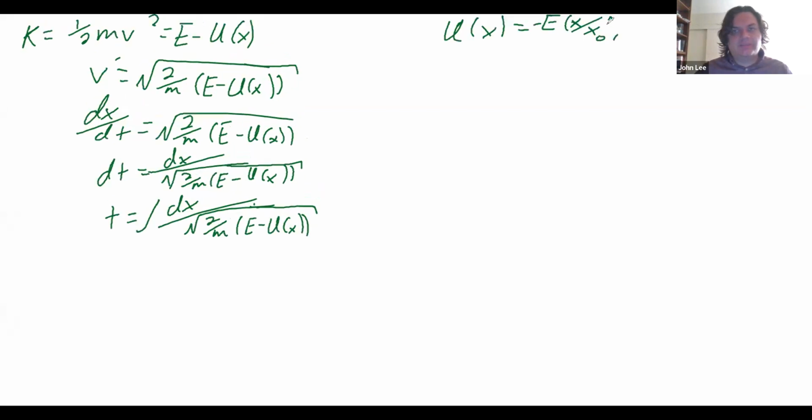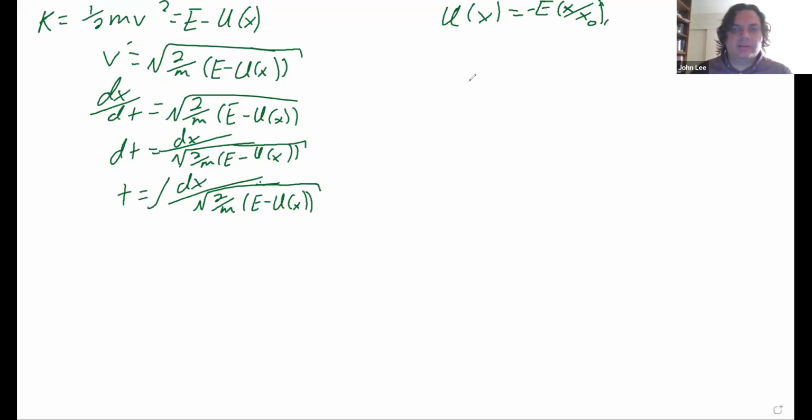If this is the problem, then T is going to be equal to dx over the square root of 2 over m times E plus E times X over X naught.